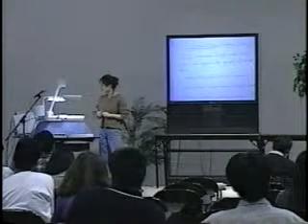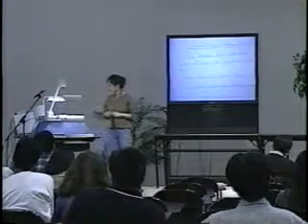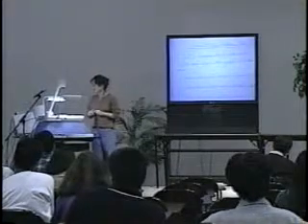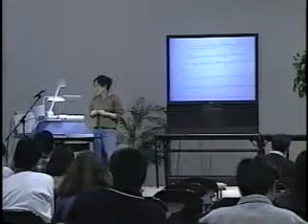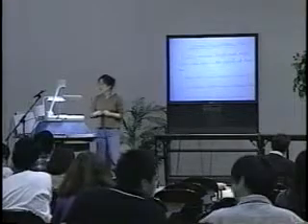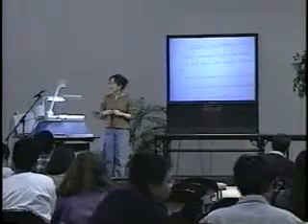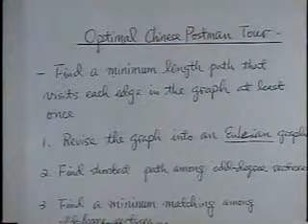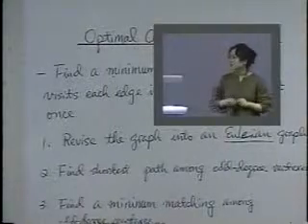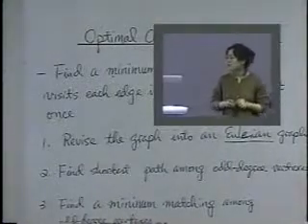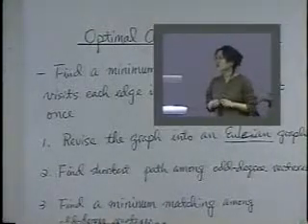The first thing we do, because an Eulerian graph has all vertices with even degrees: to make a graph Eulerian, we have to connect the odd degree vertices in pairs in such a way that we can make all the nodes have even degrees.